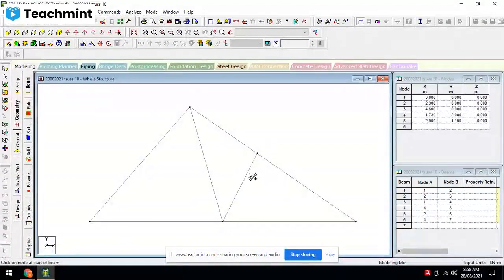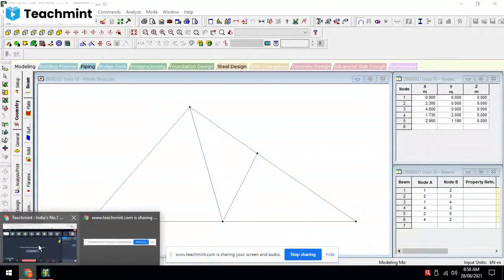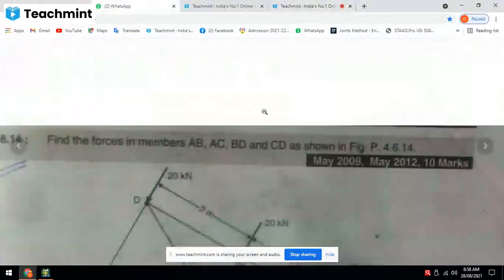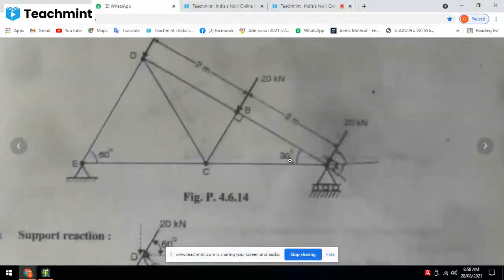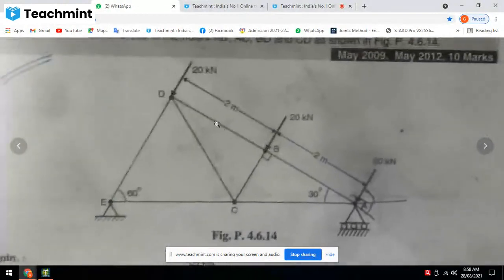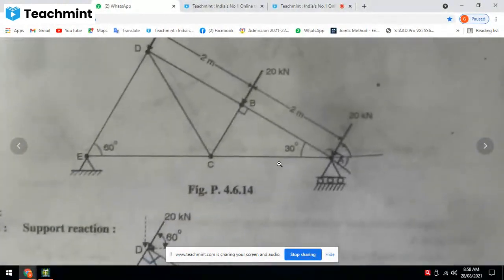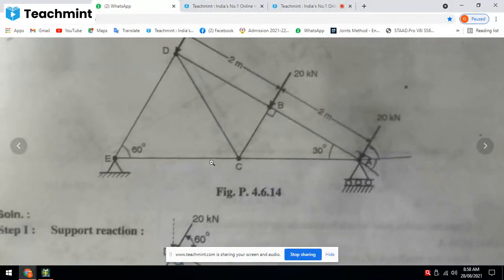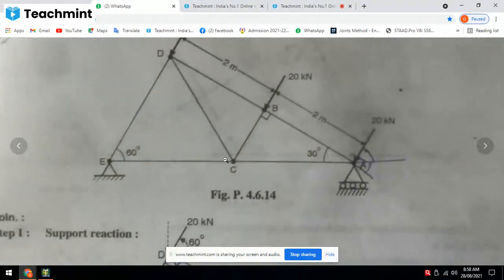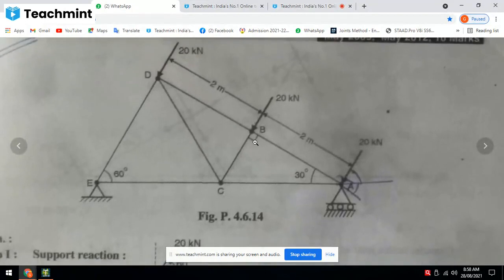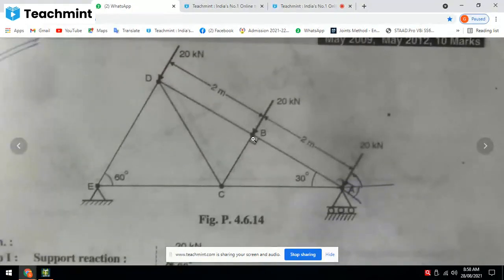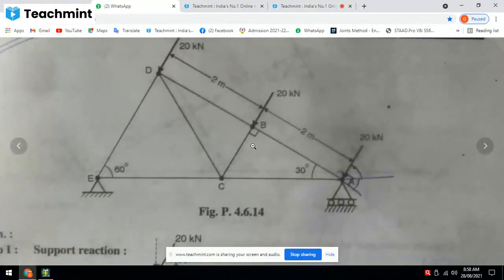Similarly, in STAAD Pro, first of all we have to find out the values, because the truss angle is given, and the BD and AB values are given. From that we have to find out AC, EC, ED, BC values. Then we have to find out the ordinate of each and every point B, D, EC, etc. From that you can create the model.